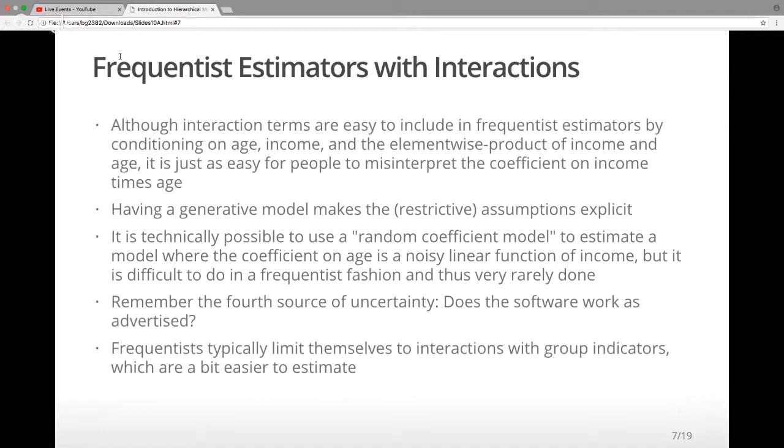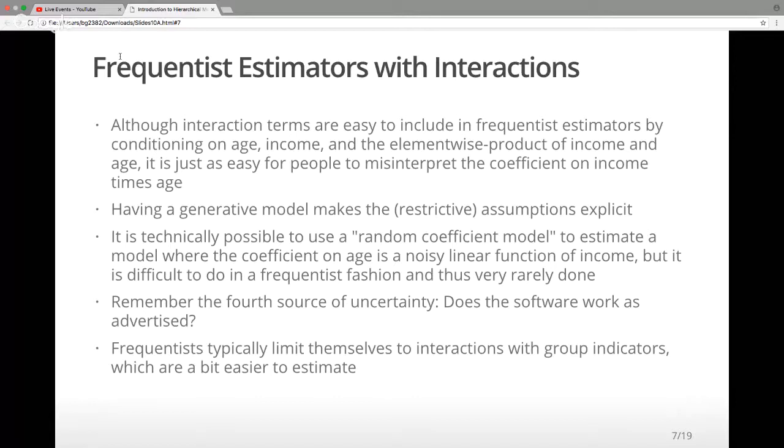You just don't want to use frequentist software to do it because it doesn't work so well. So people who use frequentist methods will typically limit themselves to interactions with group level indicators, rather than interacting multiple continuous variables together, or adding noise to a continuous coefficient on a continuous variable.